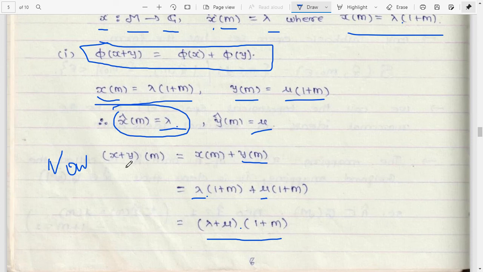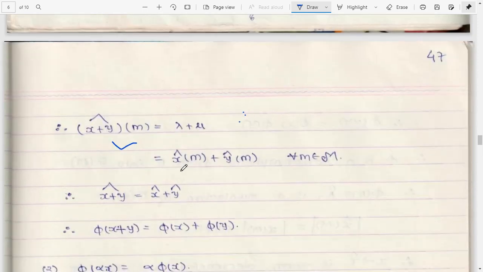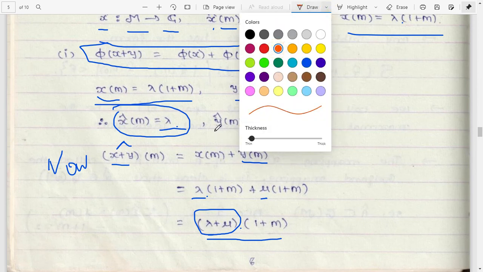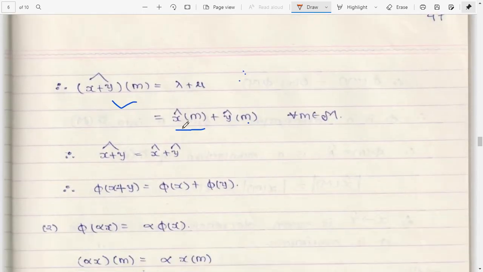So the value of X plus Y cap is equal to lambda plus mu, where lambda is equal to X cap of M and mu is equal to Y cap of M. So X plus Y cap is equal to X cap plus Y cap. So phi of X plus Y is equal to phi of X plus phi of Y.